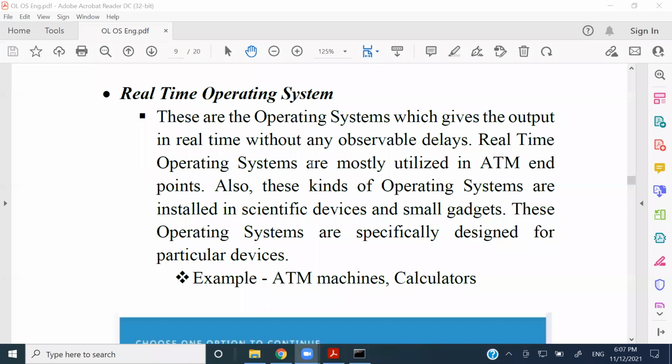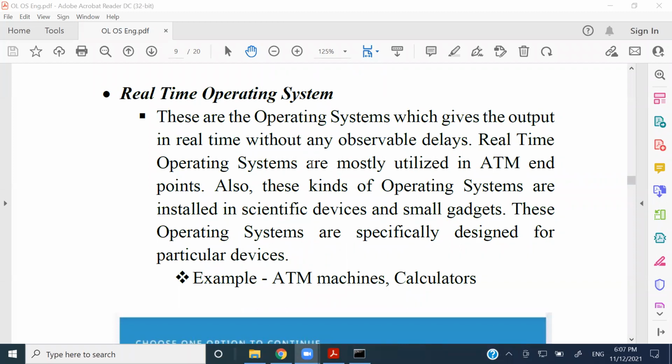So in a real-time operating system, it is going to provide you the output instantly when the particular inputs are given, right? If you think about a typical computer of ours, it will take a small amount of delay when we are asking to do a particular task.